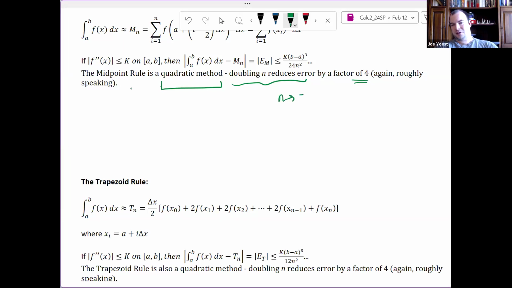So n goes to 2n means the error goes to 1/2 squared times the original error. Or if I do 10 times the amount of work, my error gets cut by a factor of 100 for a quadratic method, for a second order method.